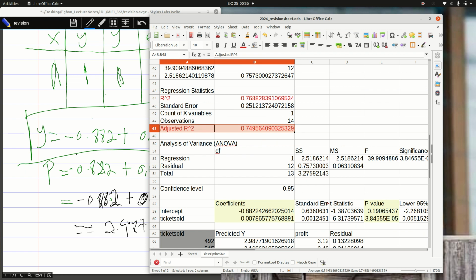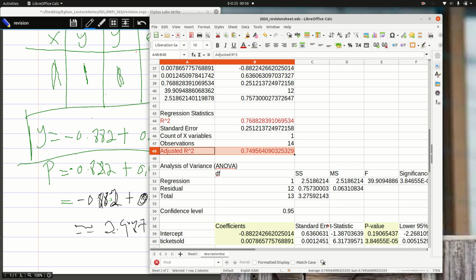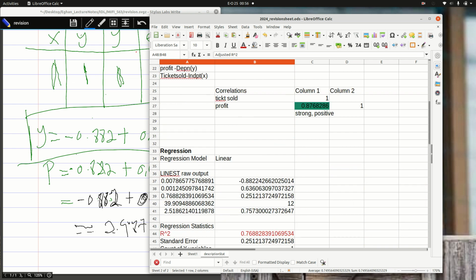How much is the profit margin affected by the tickets sold? So we know R squared to be that. It means that R is the square root of that. That gives you the correlation. You can verify that the square root of this should give you 0.87.